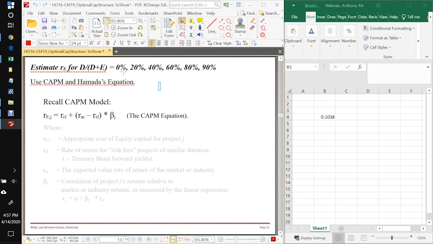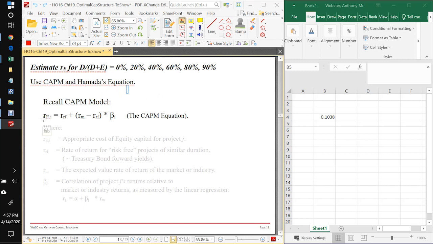It's really easy to find all this data, the equity cost of capital for 0% leverage, 20%, 40%, 60%. It's really easy to estimate that using CAPM and Hamada's equation. And that's not an excuse, but it's a fact on the ground.